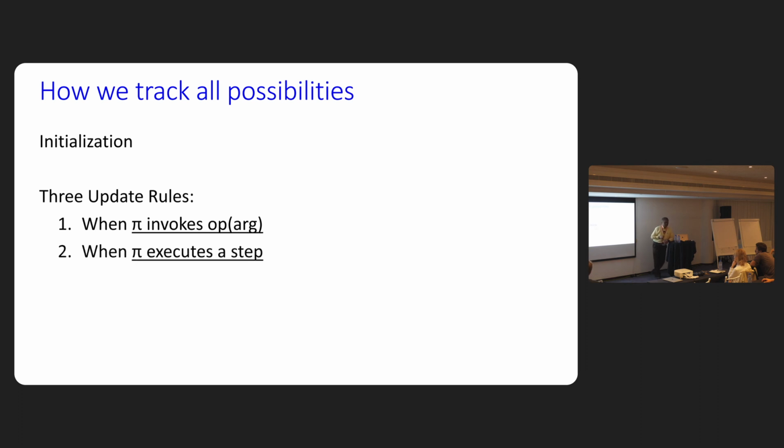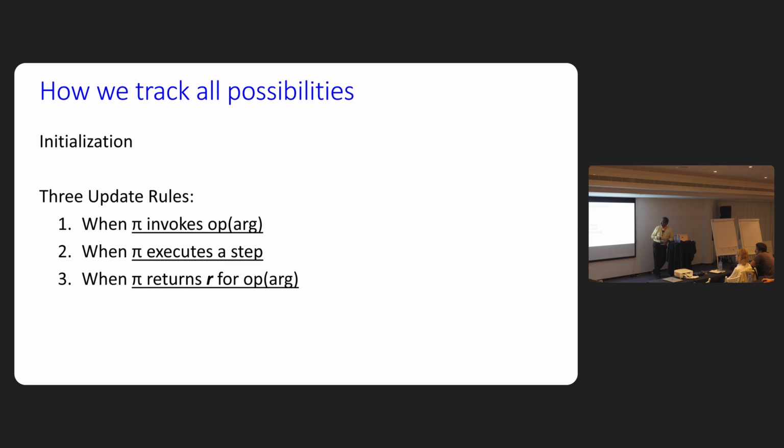The second rule talks about how to update it when a process executes a step of the algorithm. For example, a process already invoked the procedure NQ, which may have 100 steps, and it's executing one of those 100 steps. How do you update the set of possibilities then?